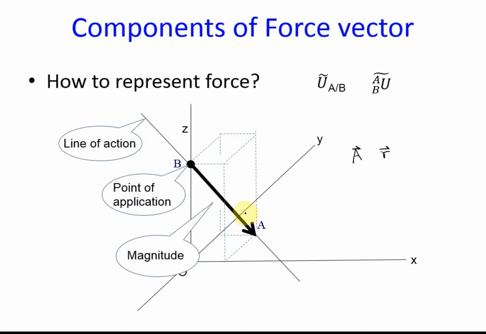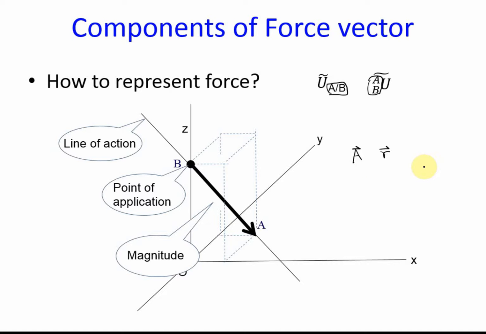So actually this vector, the tail is B and the head is A. So the vector is heading toward A from B. That's why I use this notation, the vector pointing to A from B, or sometimes we use this notation as well, from B to A. Because we care about the point of application, from where is kind of important.